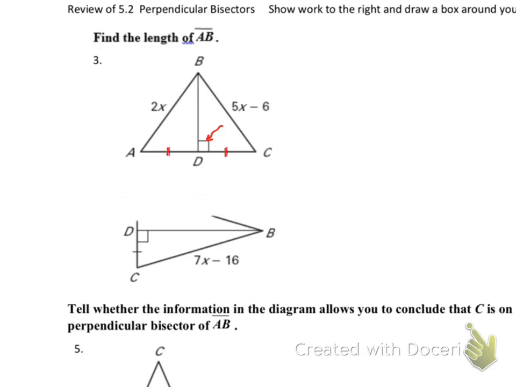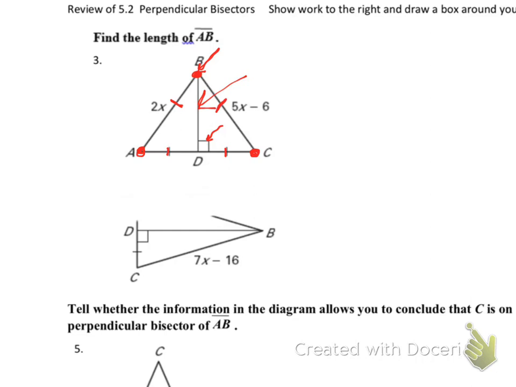When I have a point like B on a perpendicular bisector, this BD, what happens is, since the perpendicular bisector is bisecting this segment AC, any point that lies on the perpendicular bisector, that point is B, will be equidistant from A and C. So that means this leg equals this leg, because a point on the perpendicular bisector is the same distance from both ends of the segment that was bisected.